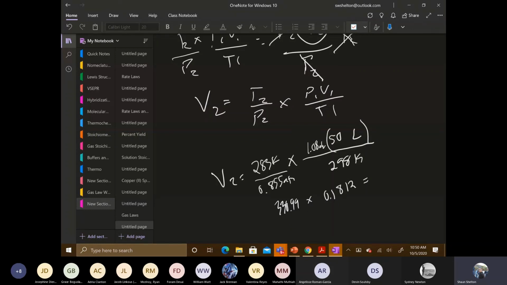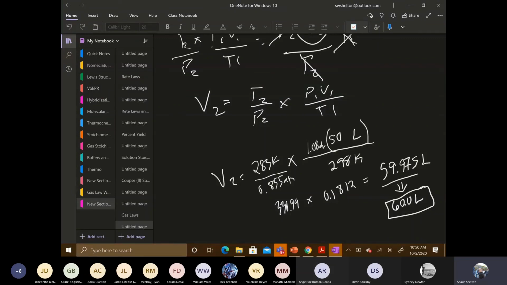Then 330.99 times 0.1812 gives me 59.975 liters. I think the sig figs is going to be 3 sig figs, so that number will be rounded to 60.0 liters. That would be your answer there.